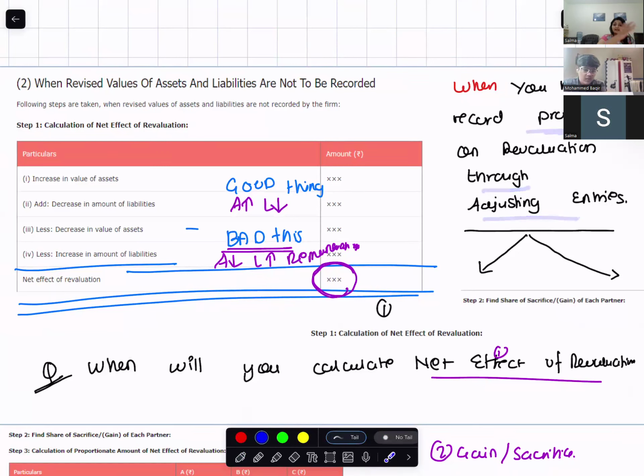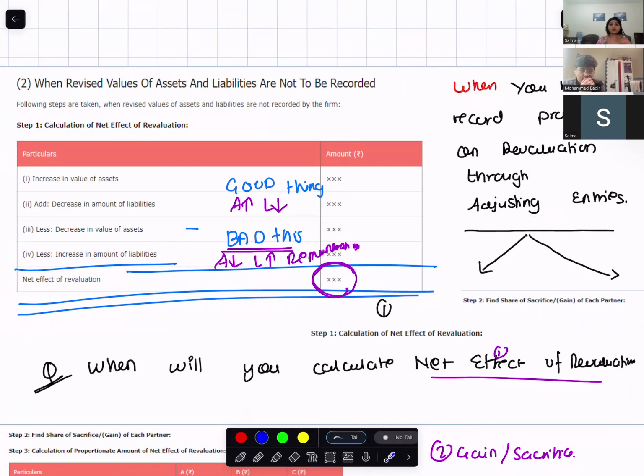But I want to have the gain or loss on revaluation distributed. So what will you do? You will find profit or loss on revaluation and pass adjusting entries.